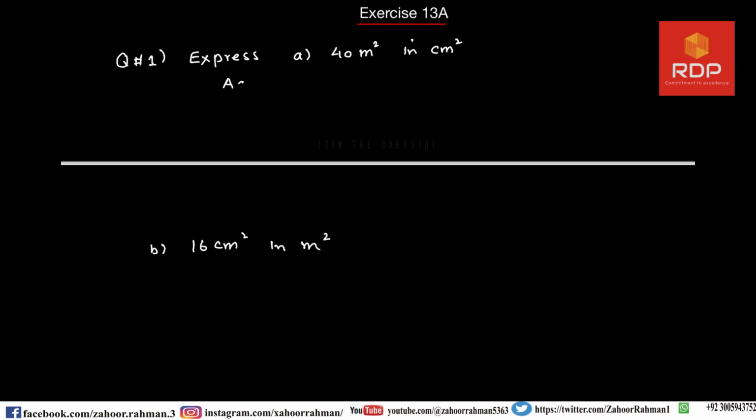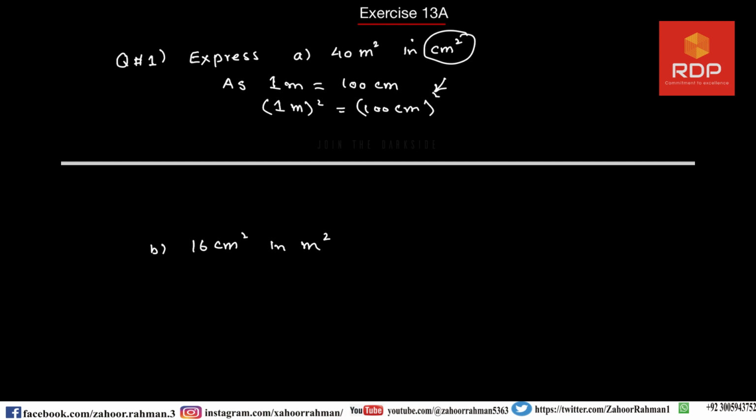1 meter is equal to 100 centimeters. We know that from primary school. So here I can write that 1 meter square is equal to 100 centimeters whole square, because we need centimeter square, so we have to take this square.